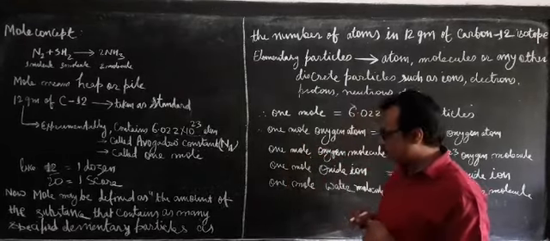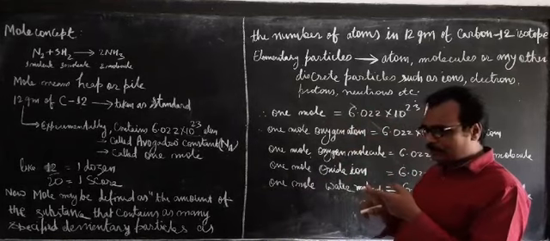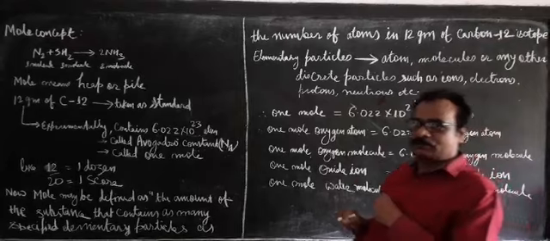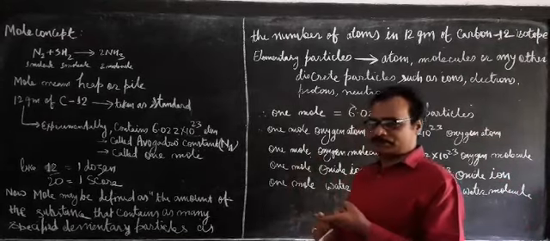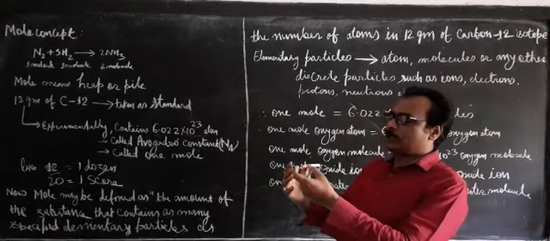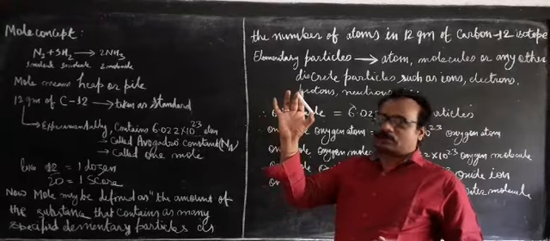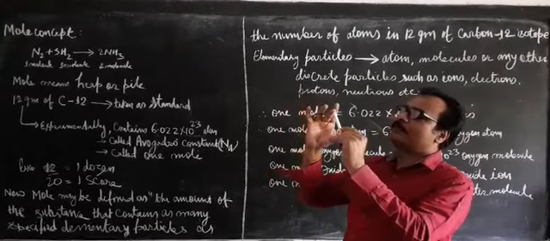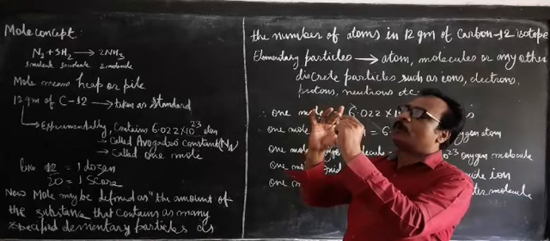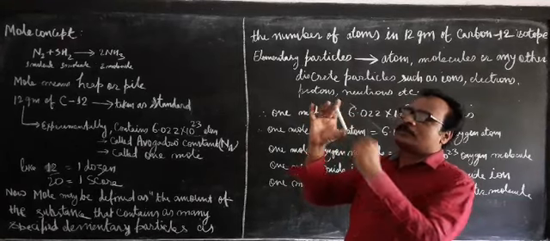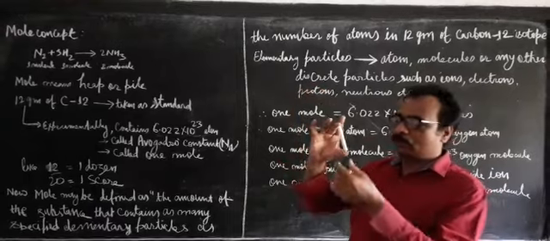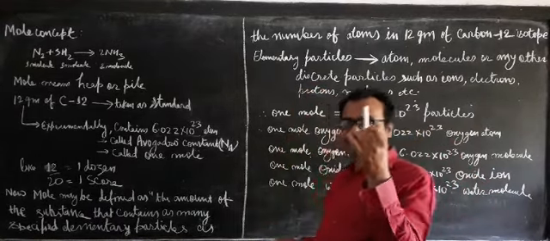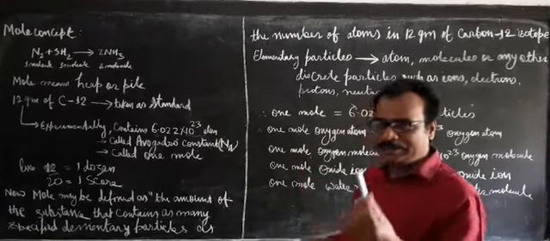And one more thing you remember, it is very easy to take the weight of a substance rather than to count the number of particles. Now I am taking the example of this chalk. I won't be able to count the number of molecules available in this. It is made up of calcium carbonate. If you ask me to count the number of calcium carbonate molecules in this chalk, I won't be able to.